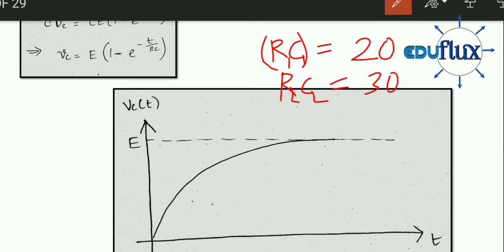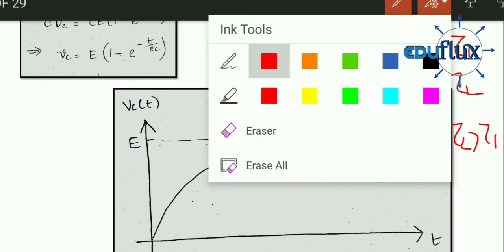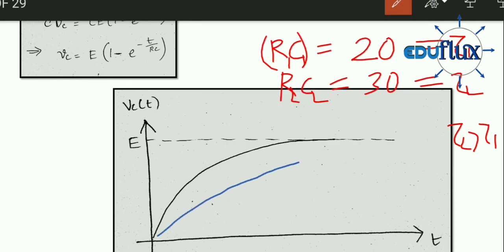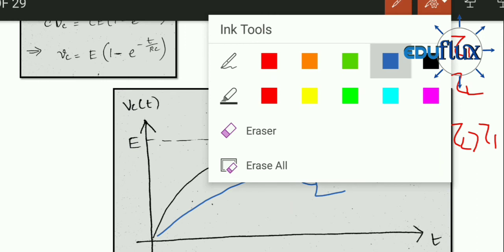Say this is tau 1, this is tau 2. So clearly tau 2 is greater than tau 1. This blue is tau 2, this black is tau 1. If the time constant is larger, it will take longer time to settle.